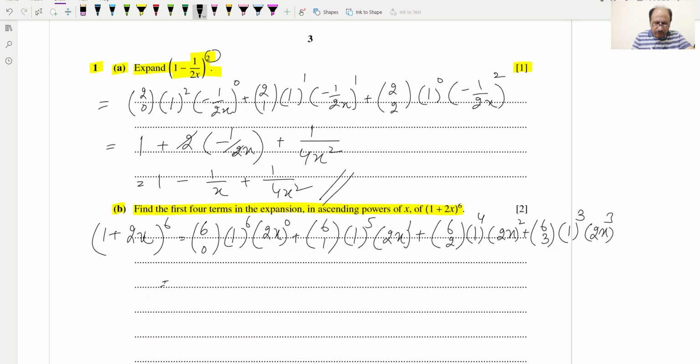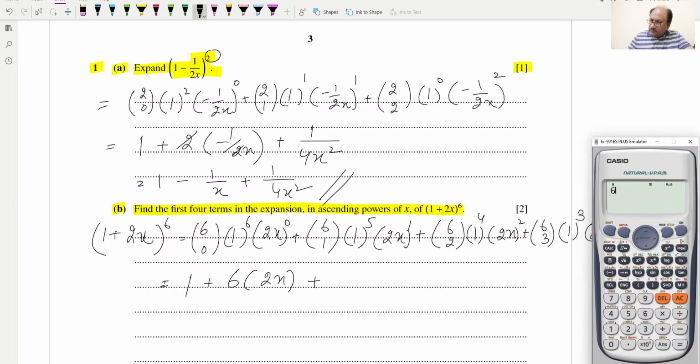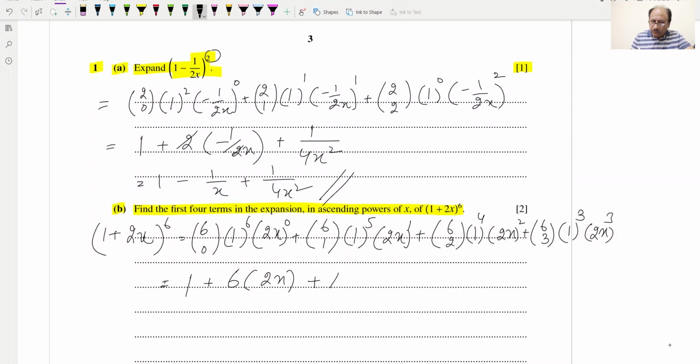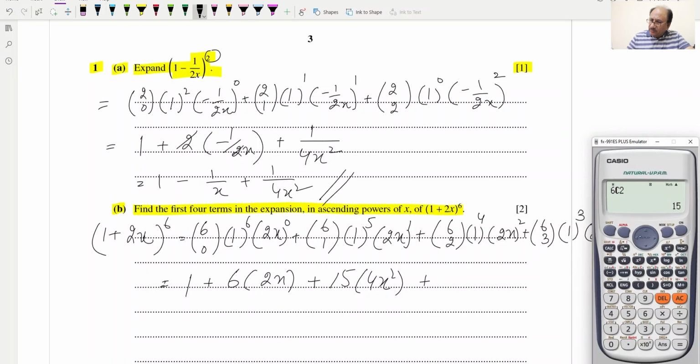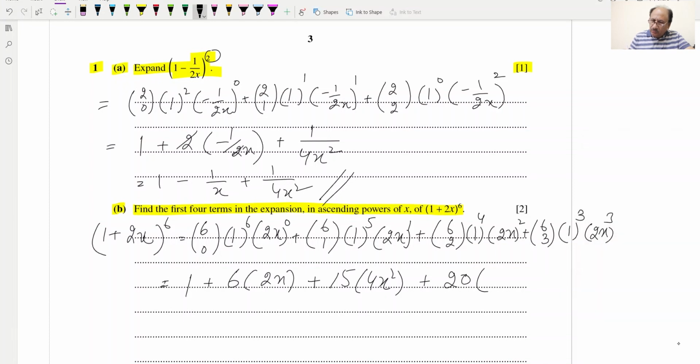Now we can simplify. The first term will reduce to 1, and the second term will be 6 and 2x, plus this will be 6C2. We can check, 6C2 will be equal to 15, so 15 and 2x squared will be 4x squared, and plus this will be 6C3, which will be 20, so 20 into 2 cubed, which is 8, and x cubed.